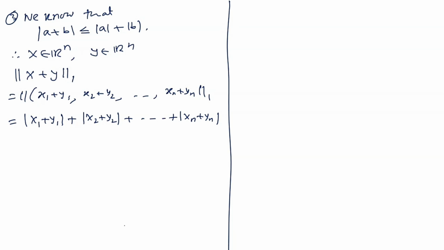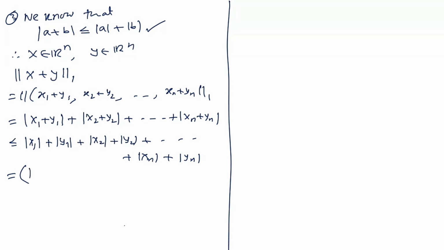which is less than or equal to mod of x1 plus mod of y1, plus mod of x2 plus mod of y2, and so on, up to mod of xn plus mod of yn. Now combine the components of x and the components of y.